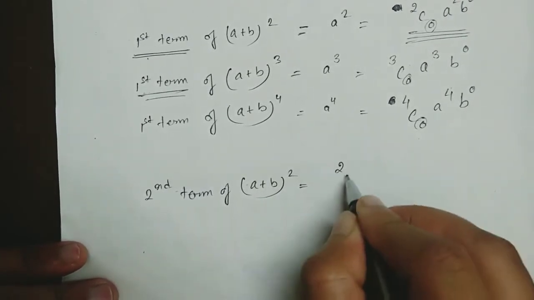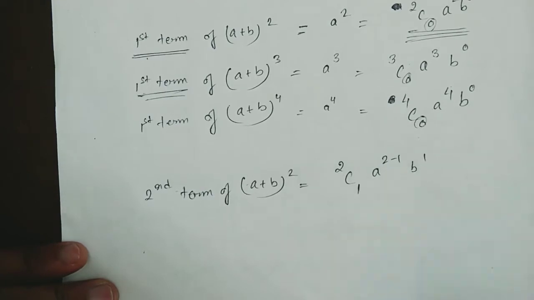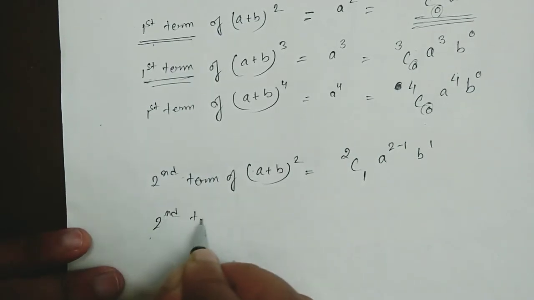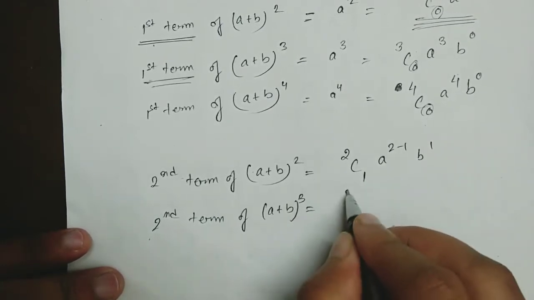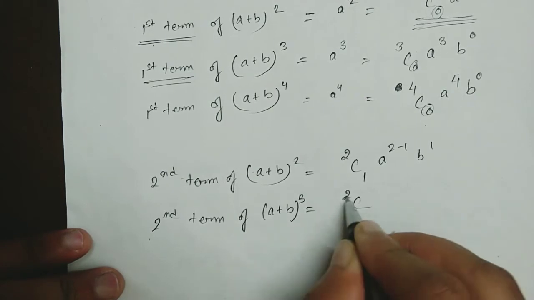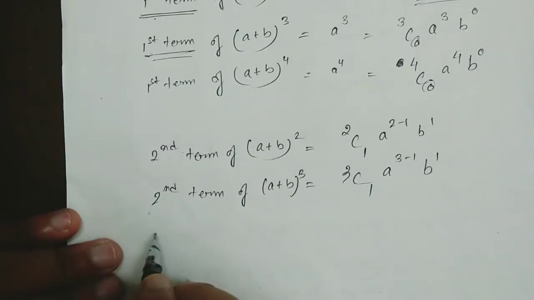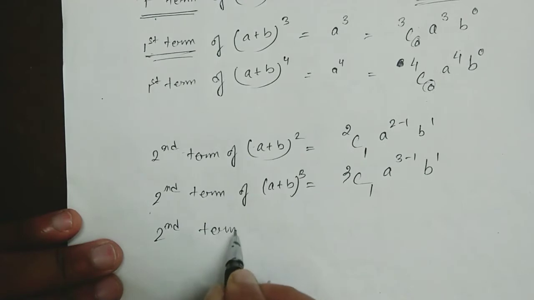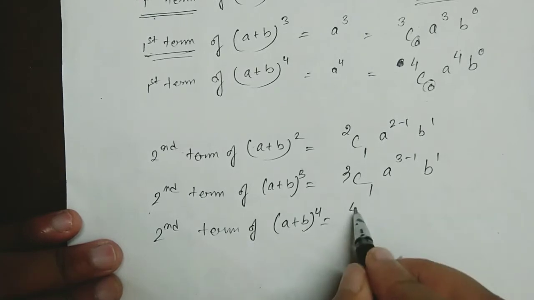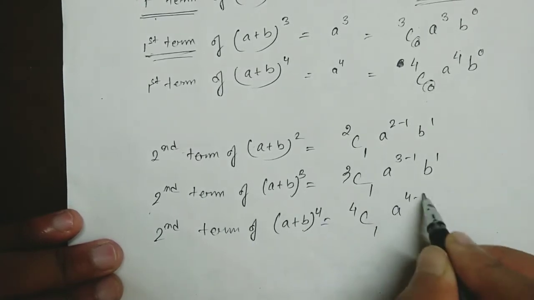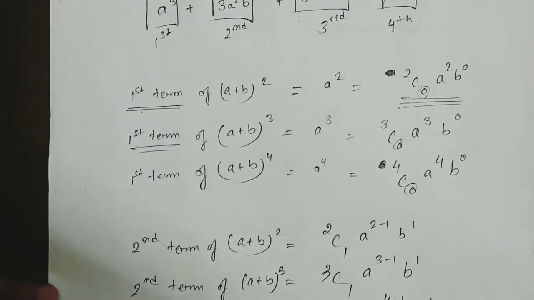Okay, তখন সেকেন্ড টার্মের জন্য 2c1 a 2 minus 1 b1. এবার সেকেন্ড টার্ম of a plus b whole cube কত আসছে? 3c1 a 3 minus 1 b 1. সেম আমি যদি করি সেকেন্ড টার্ম of a plus b whole to the power 4, তখন কি আসছে? 4c1 a 4 minus 1 b1. এটা আসছে.